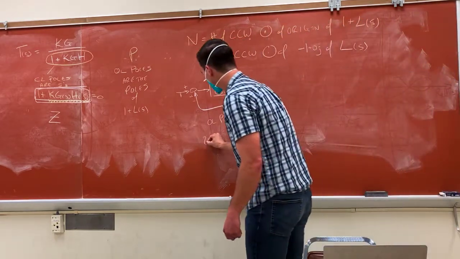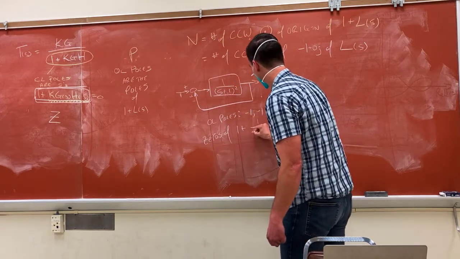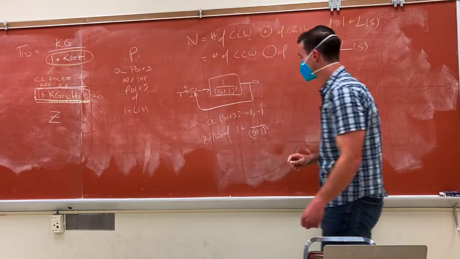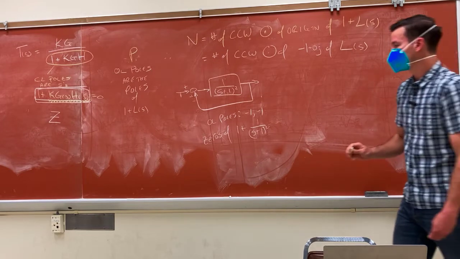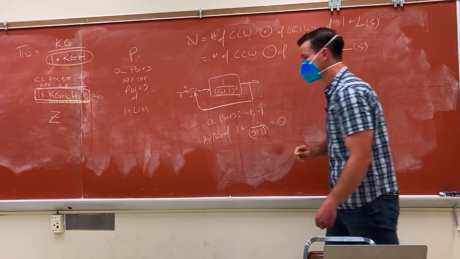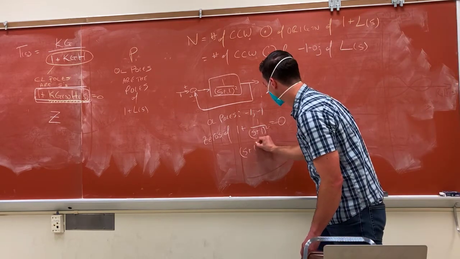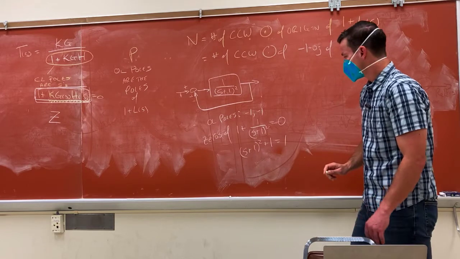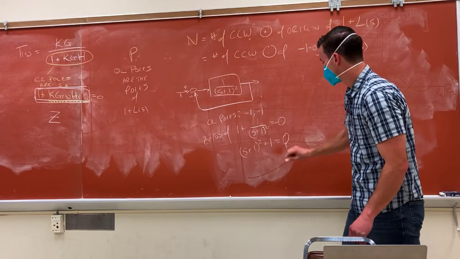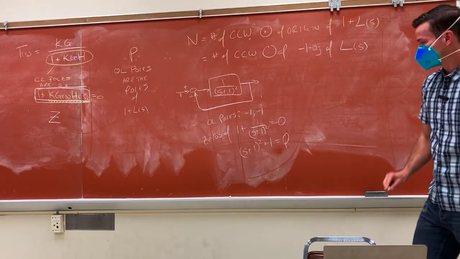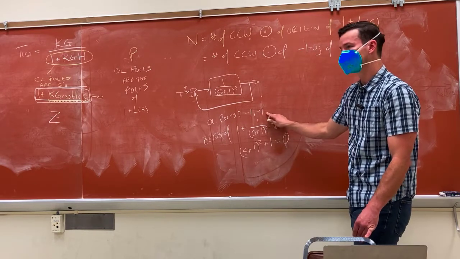But the zeros of 1 plus L are not -1 and -1. The zeros are the ones that make this equal to 0. So that looks like (S plus 1) squared plus 1 equals 0. It's not really important what the roots are. It is important that they're not -1 and -1.